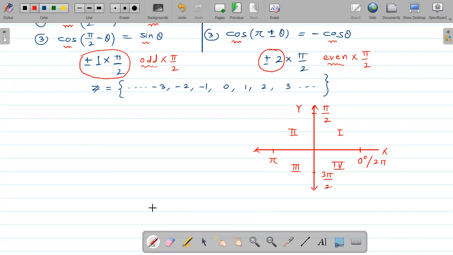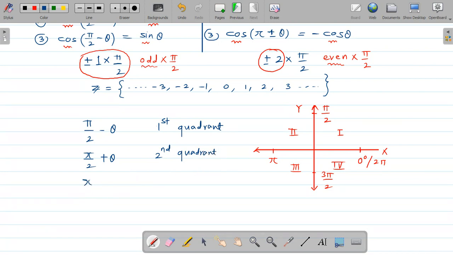Now if I take the angle pi by 2 minus theta, in which quadrant will it lie? First quadrant. 90 degree minus theta will be in the first quadrant. Similarly, if I take the angle pi by 2 plus theta, 90 degree plus theta, it will be in the second quadrant. See the figure and decide the quadrant.